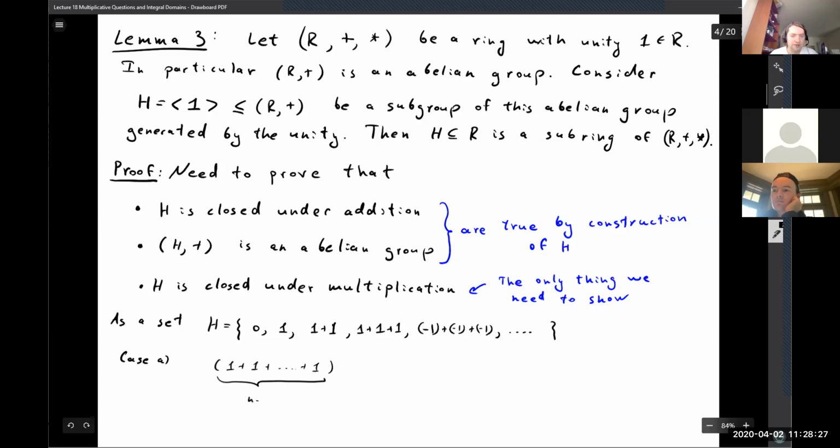And let's multiply it by 1 added with itself m times. Now we can use the distributive law, R3, to expand it as follows.